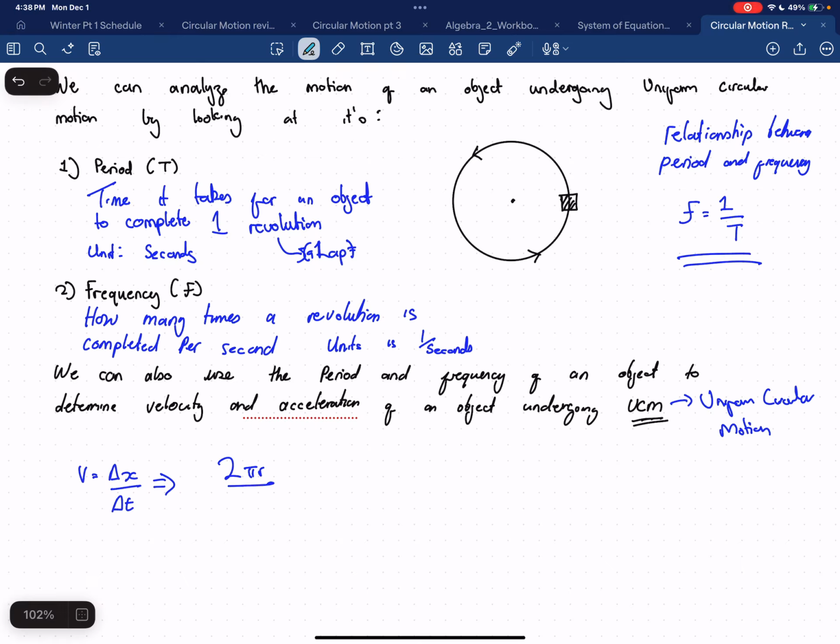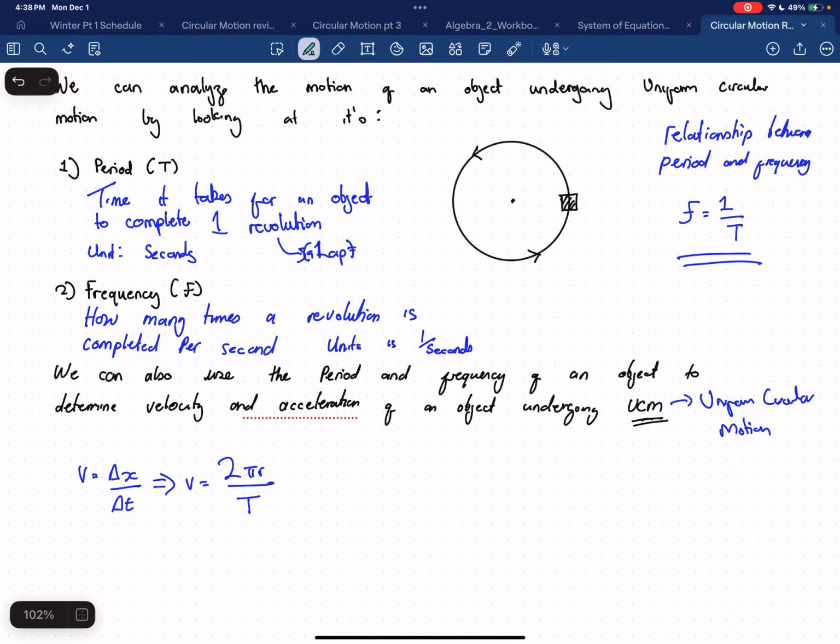And the time taken is going to be the period, delta t. This is a clever way of finding the velocity of an object undergoing circular motion. You use 2 pi r over T.